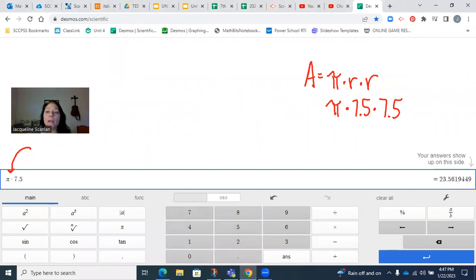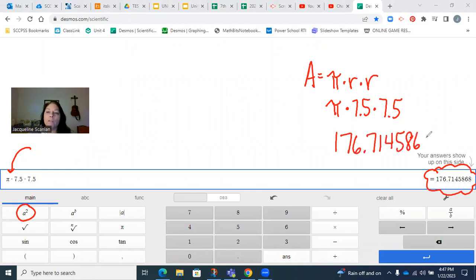And if I wanted to right now, I could square it by using this a squared key, or I could simply just type in times 7.5 again. And remember, Desmos automatically gives you your answer. You don't have to do anything to get that answer. And so what I see is 176.7145868.